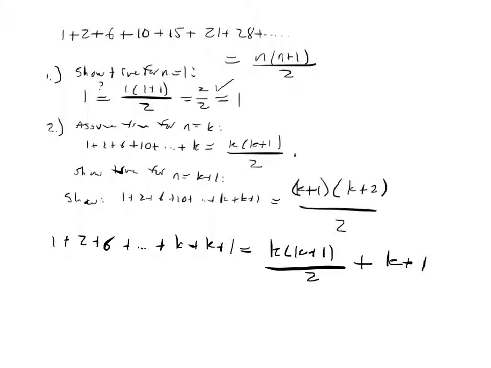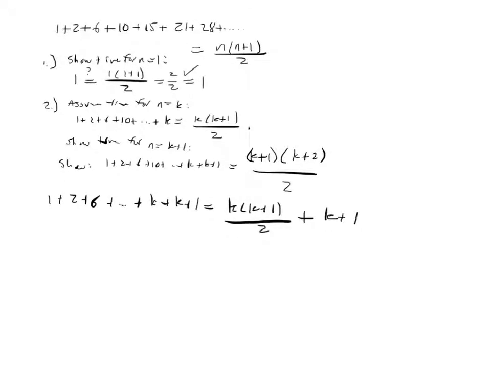And now I've got the left side here with that k plus first term added, equal to the left side here with the k plus first term added, because I'm going out to the k plus first term. All I need to do is show that this expression right here equals that, and I'm done. So can I do that?